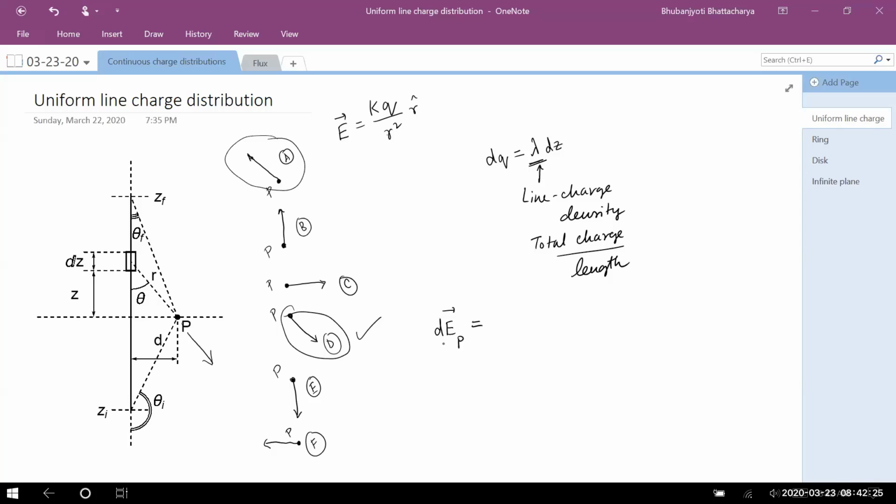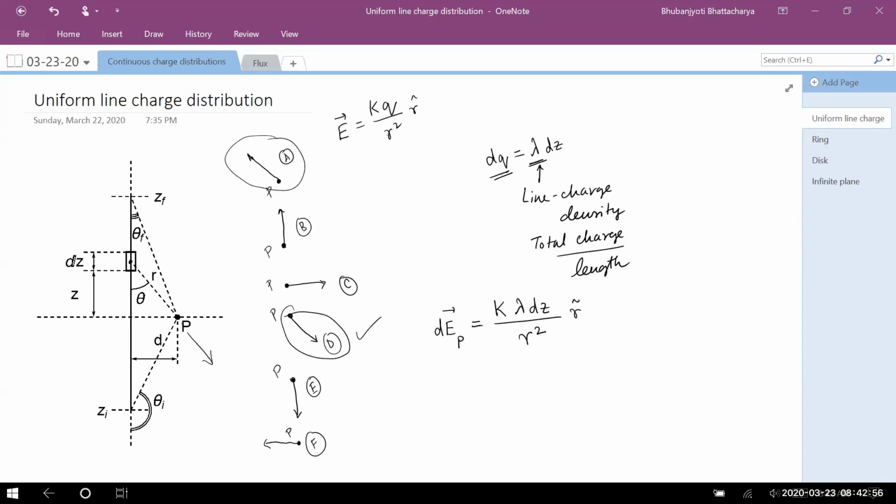So if I want to write dE at the point P, first k, next is q, but we know that the q in this case is dq, which is lambda times dz. And I have to divide this by the distance, which is given by the symbol r, so r squared. The only other thing I have to do is find the unit vector in this direction. Right now, let me write it as r hat.